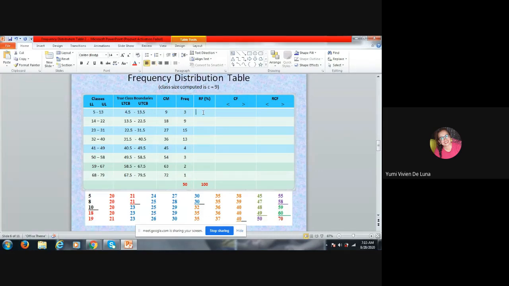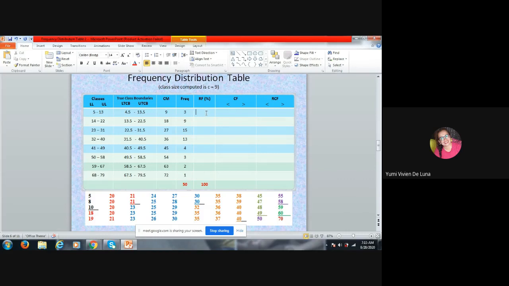Okay, when it comes to RF, our relative frequency is the frequency of a class expressed in proportion to the total number of observations. So it is in percent. That means all the values there are in percent. So this is the percentage or the proportion of the frequency to the total number of observations.